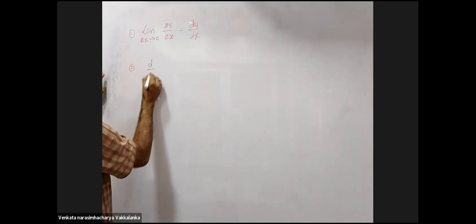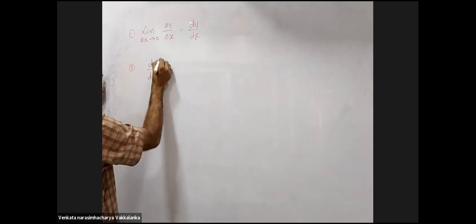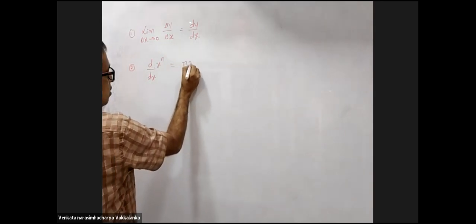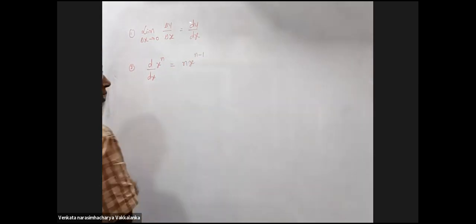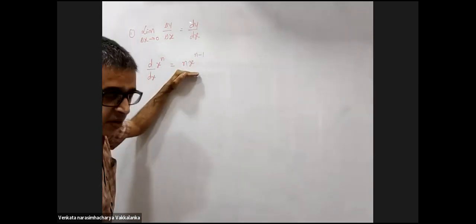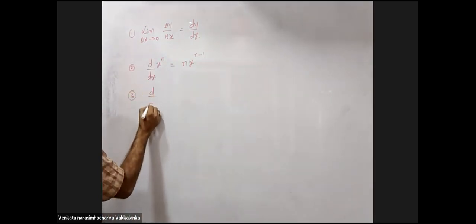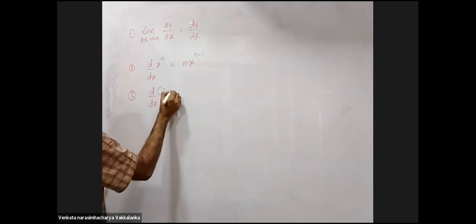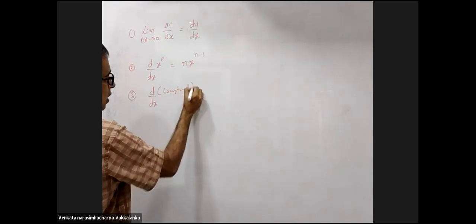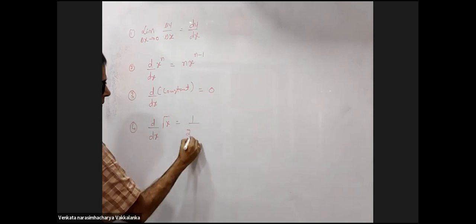Second thing, d by dx of x to the power n is n x to the power n minus 1. Is everybody clear about this? Yes, sir. d by dx of a constant, we have learned that this will be 0. d by dx of root x, I expect you people to remember as 1 by 2 root x.